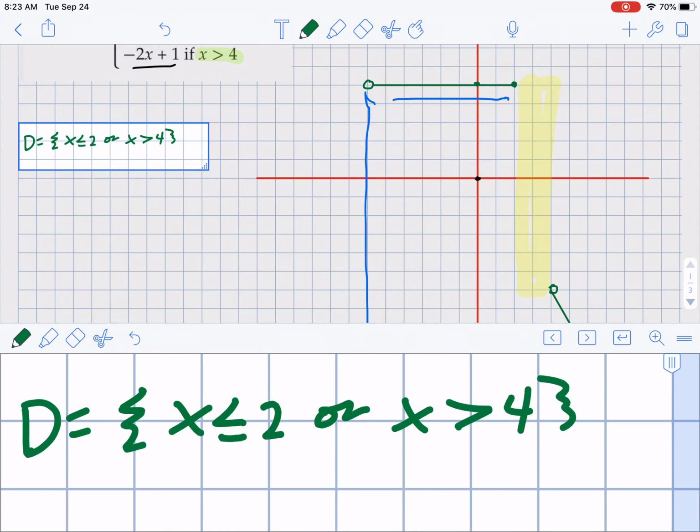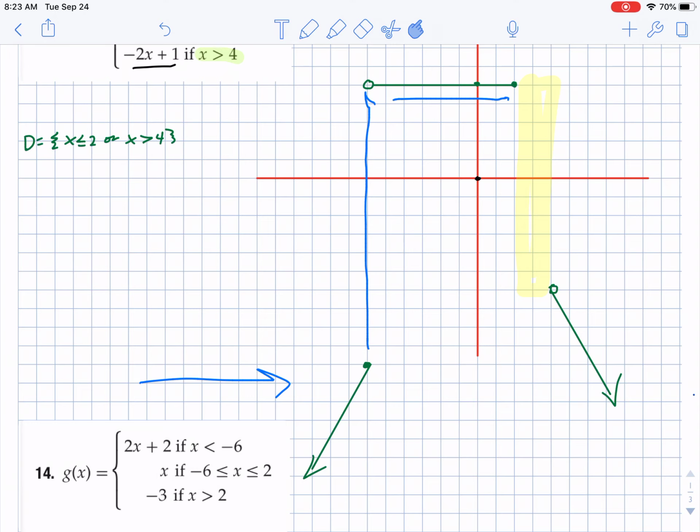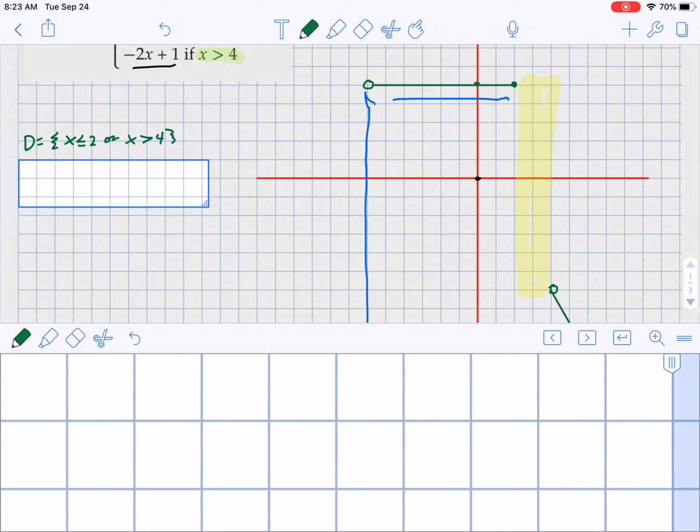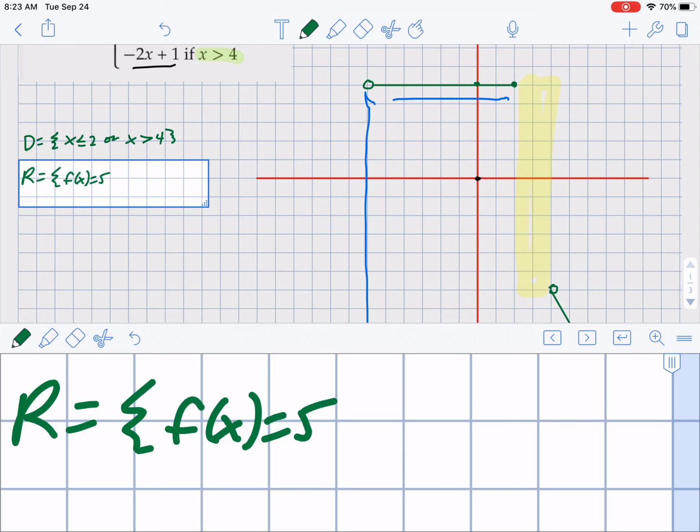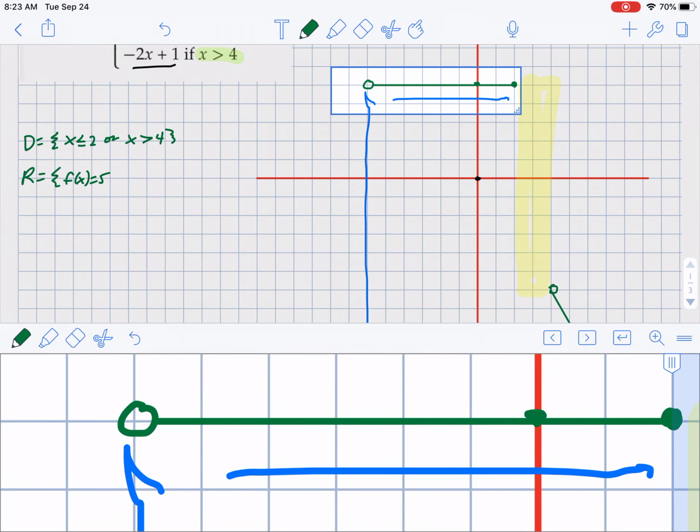Okay. Now, for the range, I have a couple things going on. First off, I have just this part up top, which is just f of x equal to 5. So that is just this line right here, the green line right there.